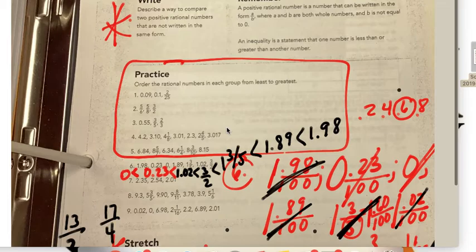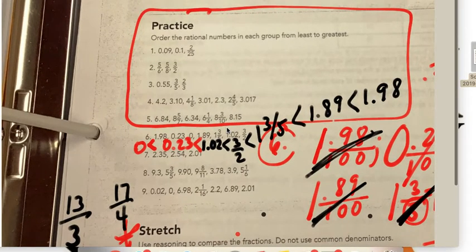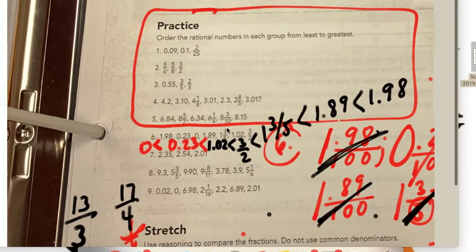So you can look at it as, you can do the benchmark, but these are all improper, so that might make it a little bit more difficult. So maybe you can also do cross multiplication. That would also help you, or you can change them and divide into a mixed number. I think the cross multiplication might be the easiest way.